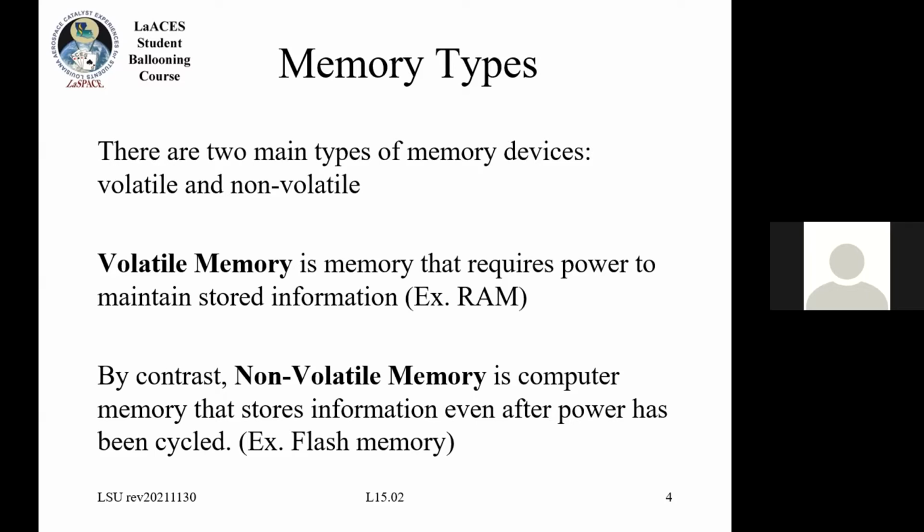You can use something like a tiny watch battery or coin cell battery. That's what the coin cell on the GPS does. It's providing a little bit of power to some volatile memory.